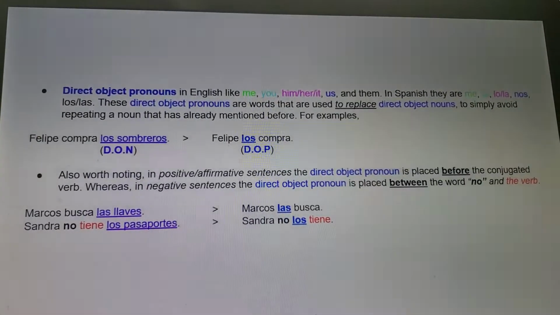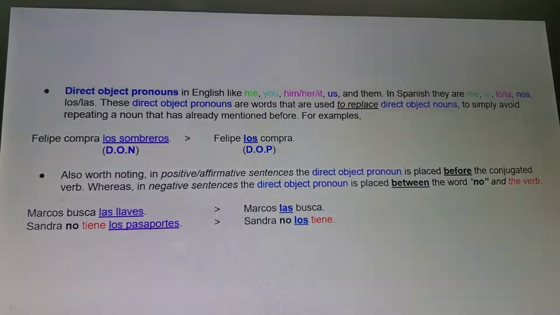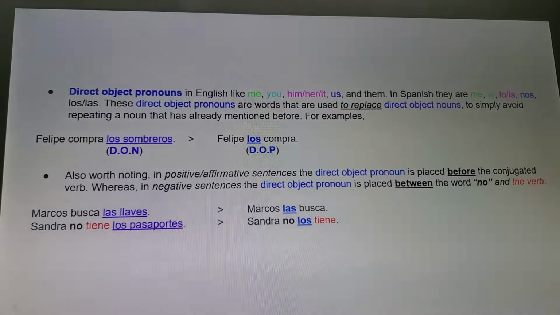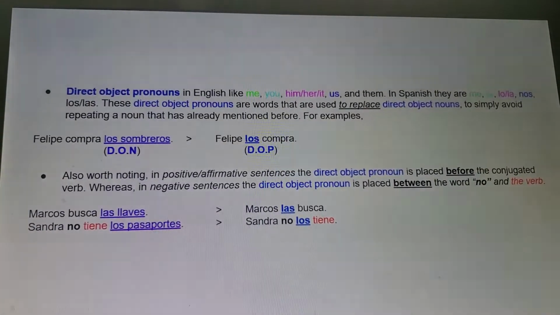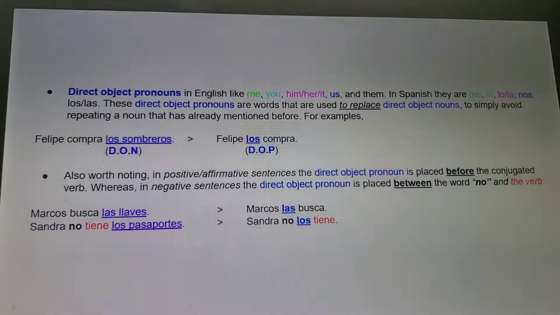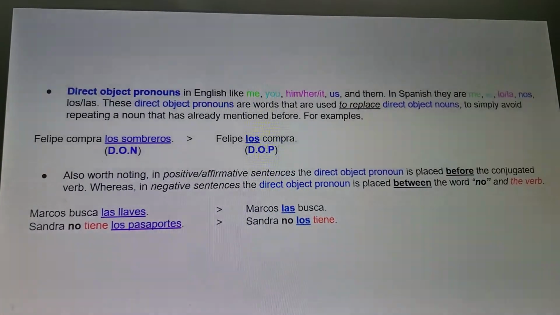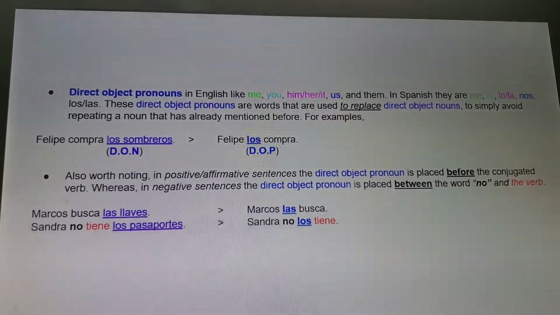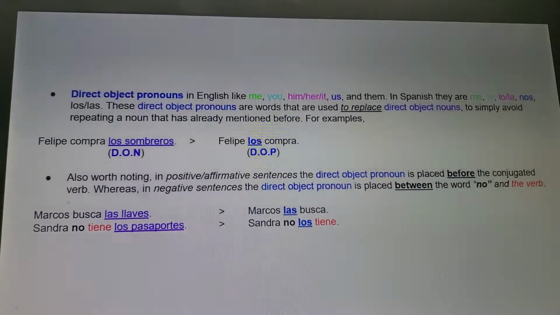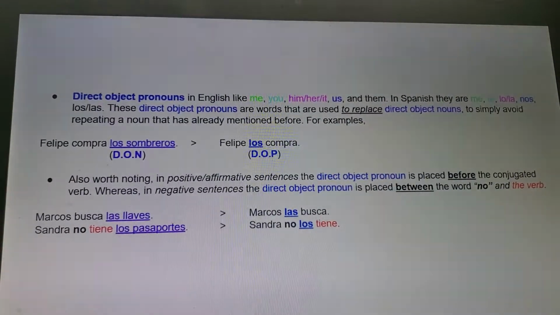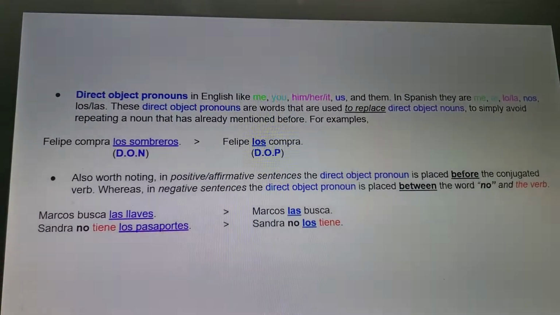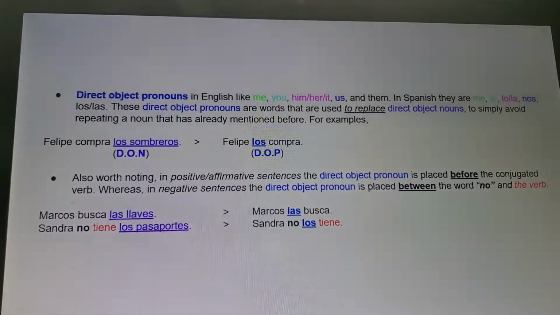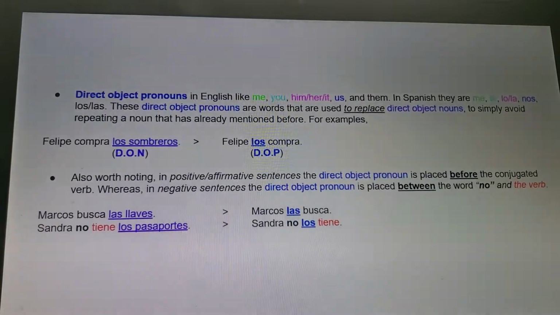Also worth noting, in positive or affirmative sentences, the direct object pronoun is placed before the conjugated verb, whereas in negative sentences, the direct object pronoun is placed between the word no and the verb. For example, Marcos busca las llaves.